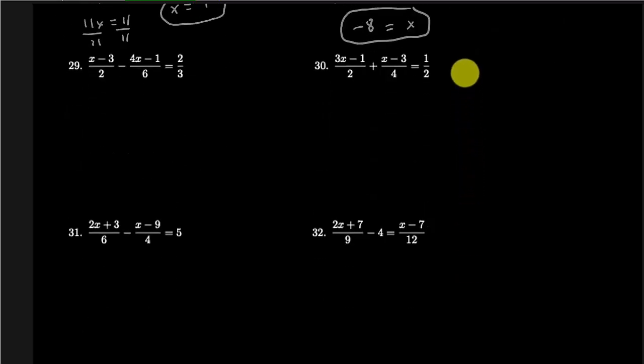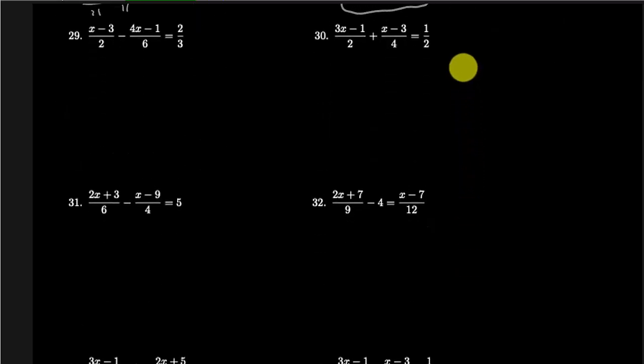All right, moving right along. Common denominator here is 6. All right. 2 goes into 6 3 times. So that's going to be 3 times (x minus 3). Minus 6 goes into 6 1 time, so that's 1 times (4x minus 1). And then 3 goes into 6 2 times, so that's going to be 2 times 2.